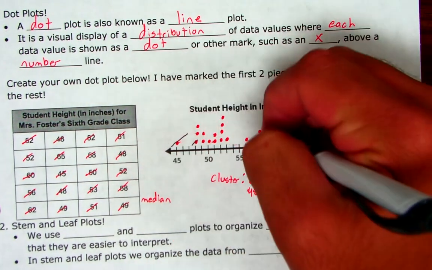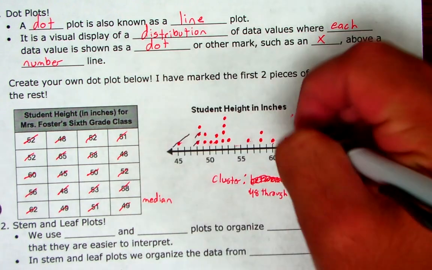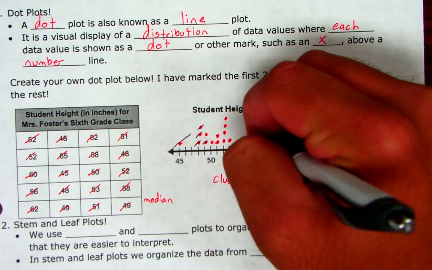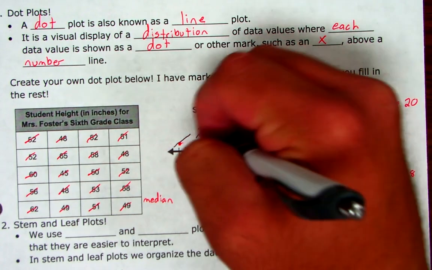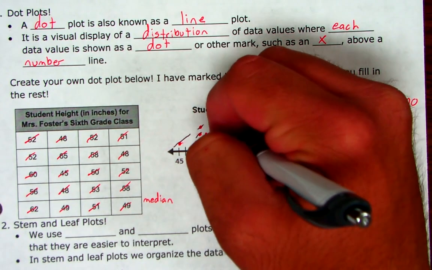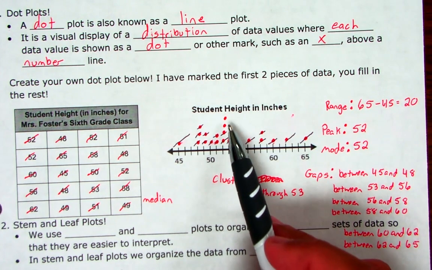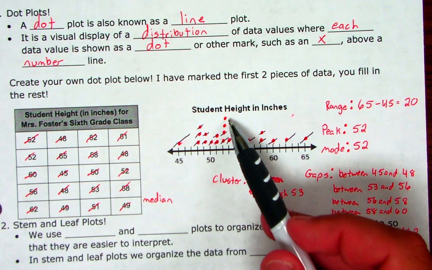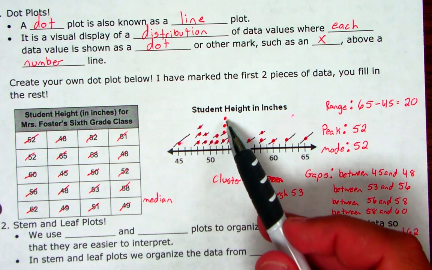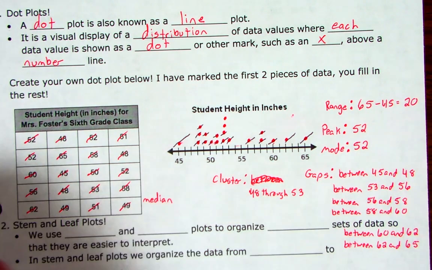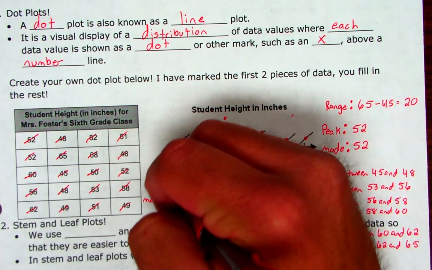Front, back, front, back, and so on. Well, notice I have two dots left over, don't I? But they're both on the same line. So that would be at 52. So your median is at 52.